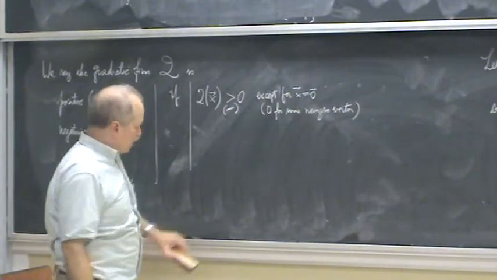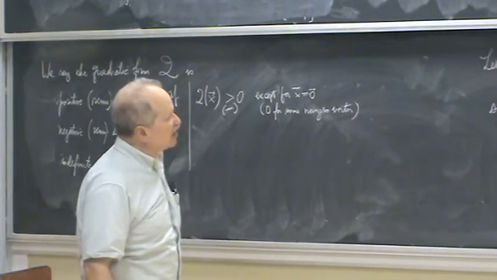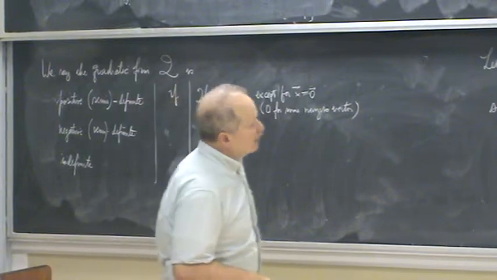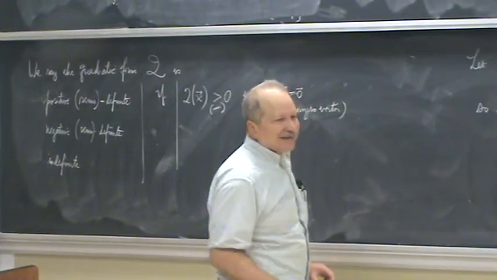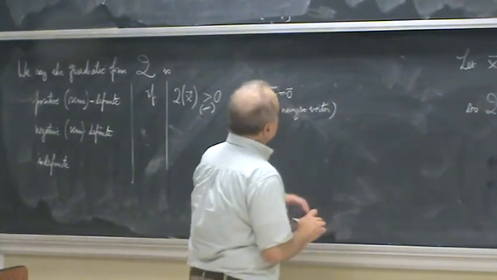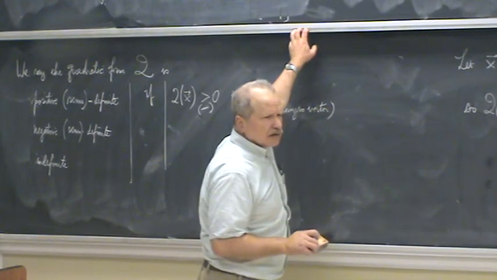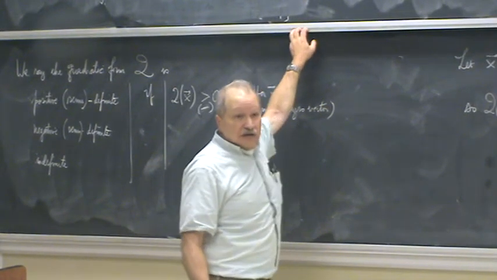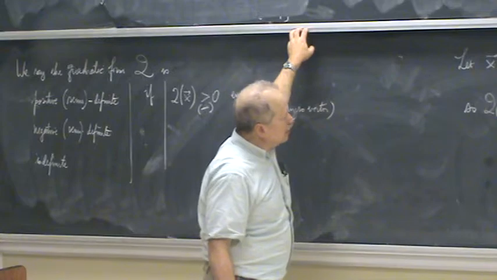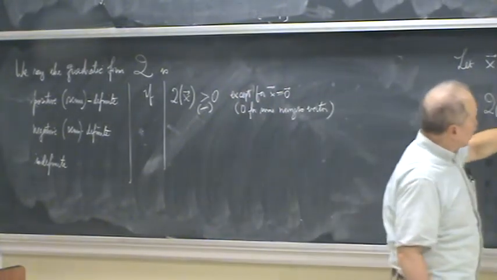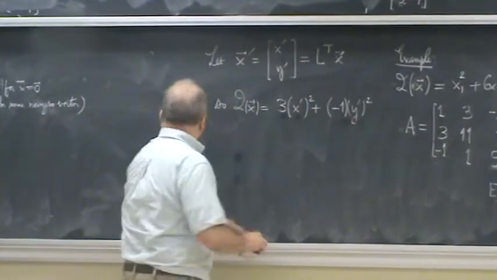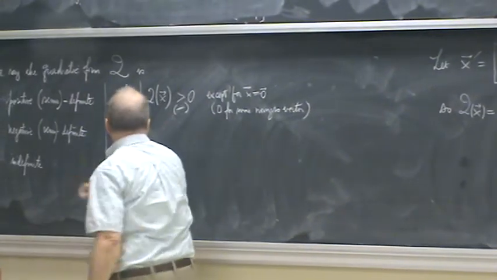Do you have a guess whether one of these examples was positive semi-definite? It's greater than or equal. The first one, second one. First one. We've done 3. The second one. The first one. The second one has a positive and a negative. That's going to be indefinite.